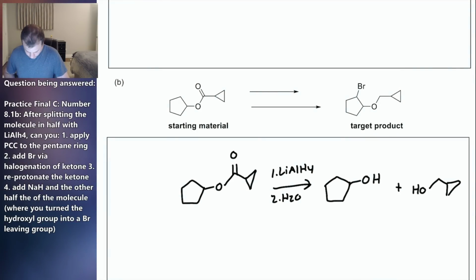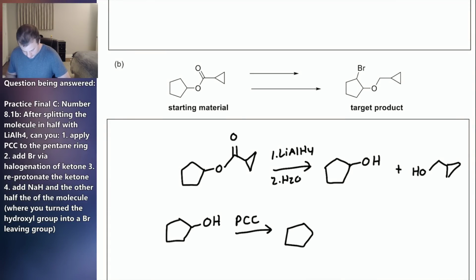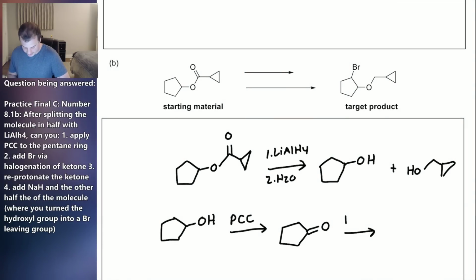Now what you're saying is take the pentane ring and do PCC with that. That's going to give you the cyclohexanone. Then you want to put on the alpha halide, so Br2, AcOH.